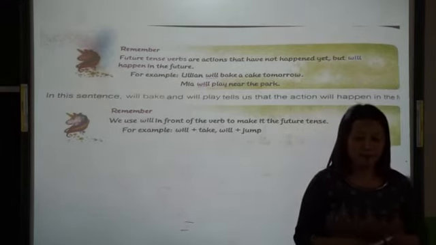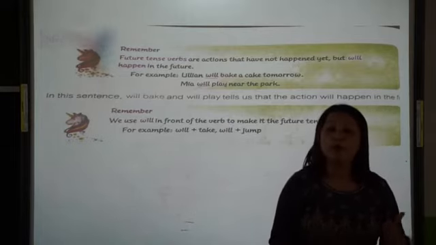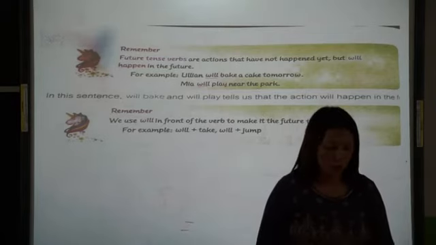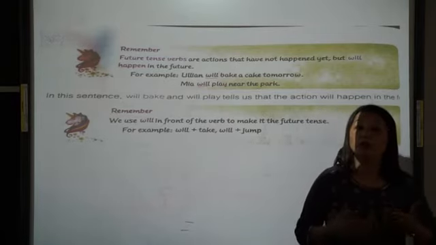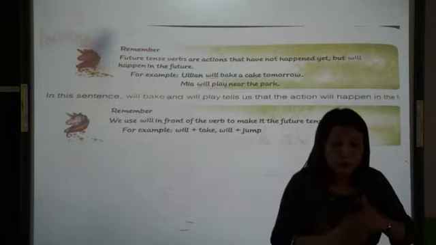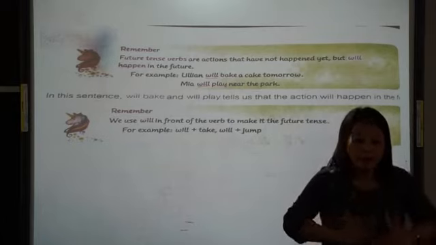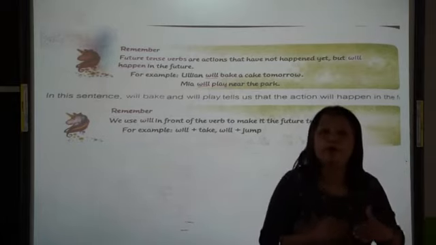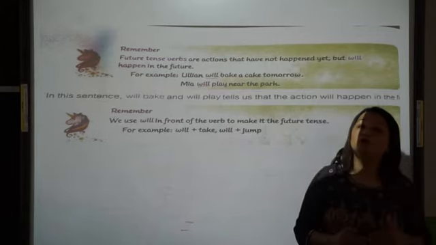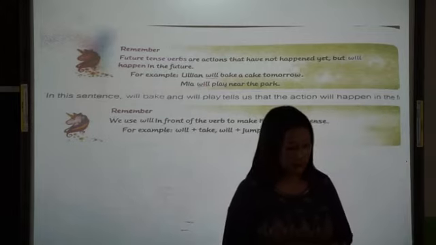For example, I will go for trekking tomorrow. We will go for a picnic tomorrow. So, we use will in front of the verb to make it the future tense.